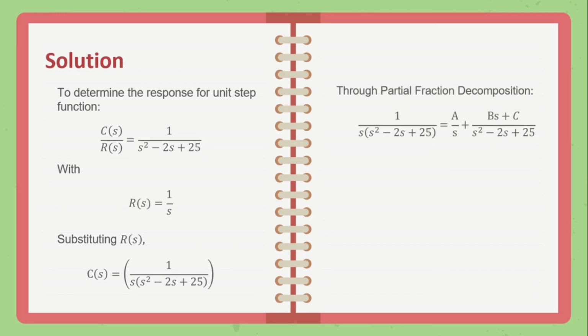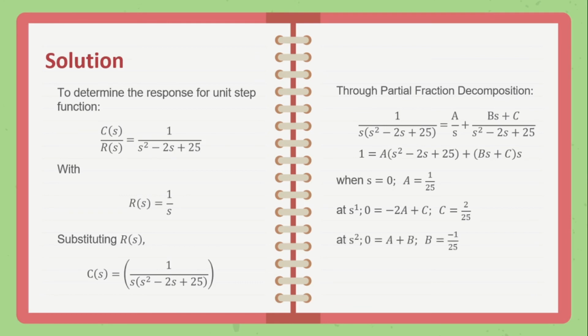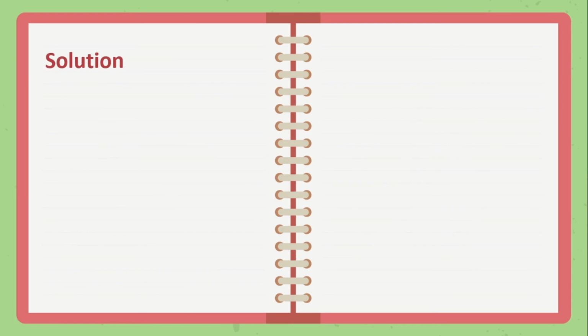Now, through partial fraction decomposition, when s is equal to 0, A is equal to 1 over 25. At s to the power of 1, the C value is equal to 2 over 25, and at s to the power of 2, the B is equal to negative 1 over 25.